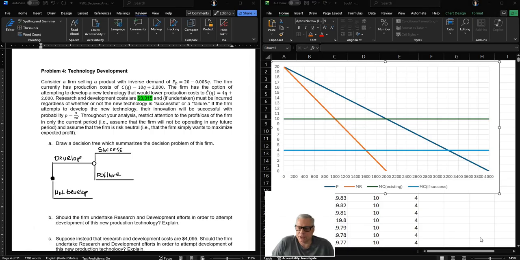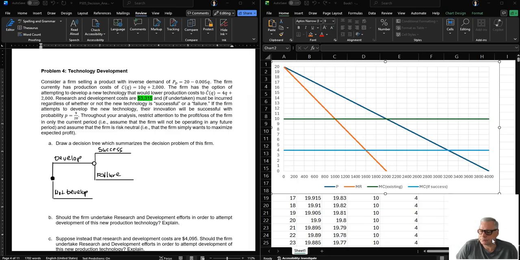And now I can actually move again here, I guess. If the firm operates with the marginal cost of 10, the intersection with the marginal revenue is at 1,000, and the firm can charge a price of 15.